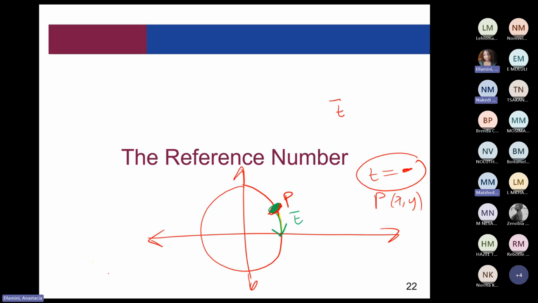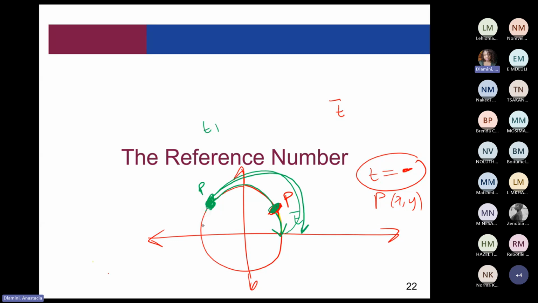Now, if I move like this, and my P is here, because of t1, let's call it t1, it means that the reference number is the shortest distance from the x-axis to the point. I can't say the reference number will be from here to here. Which one is the shortest distance?